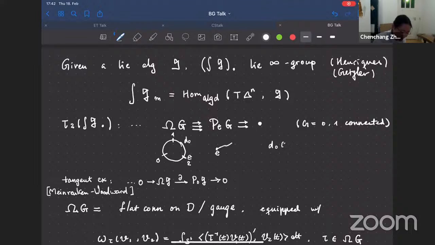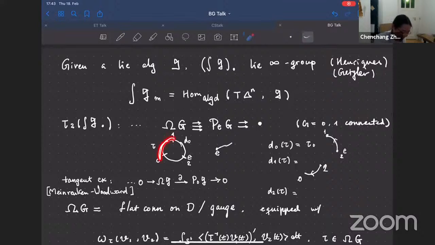D0 of this, let's say this is a loop tau, is tau 0. Tau 0 travels from 2 to 1, right? And D1 of tau is also identity, 2 to 0 the other way. And D2 of tau, I want to take this guy, right? But it does not start at identity, so I have to move it.